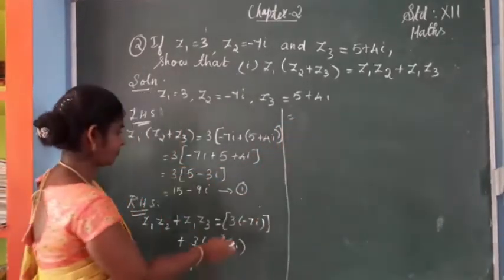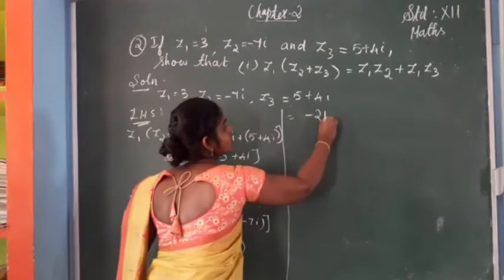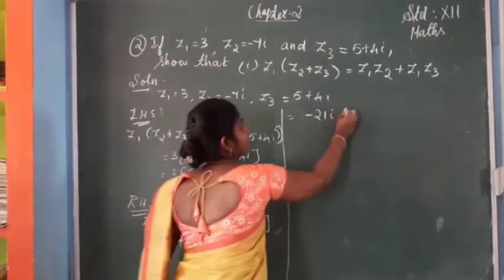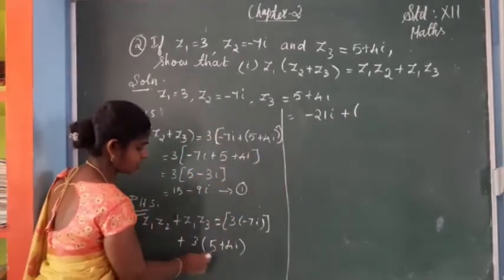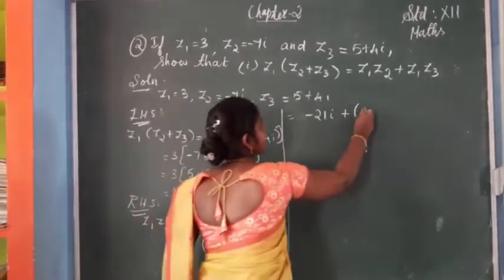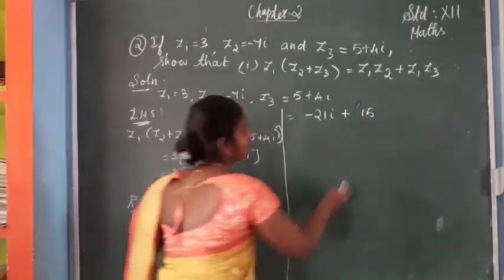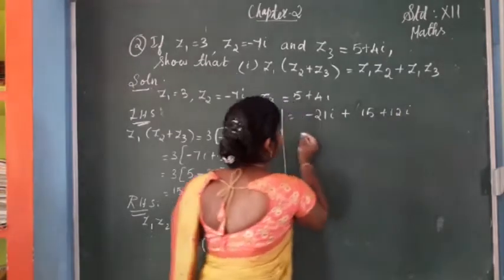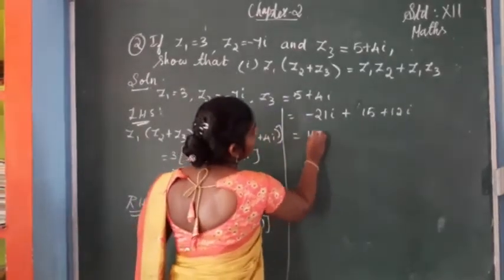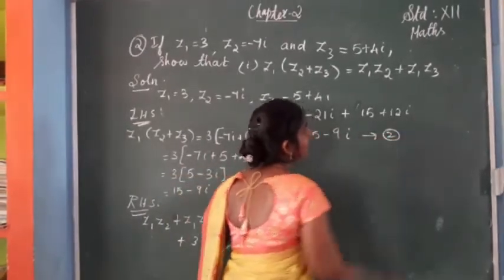That's equal to, 3 into minus 7 value is minus 21i plus, we can multiply 3 into 5 value is 15 plus 3 into 4 the value is 12i. That's equal to 15 minus 9i. Take this as equation 2.